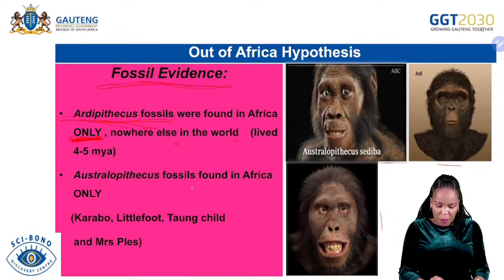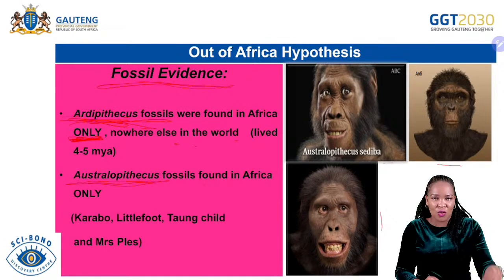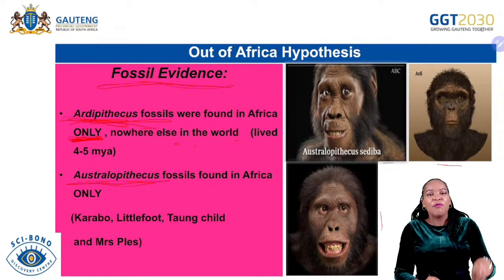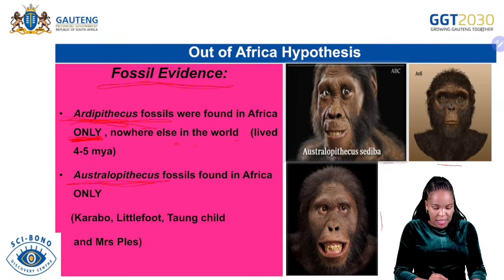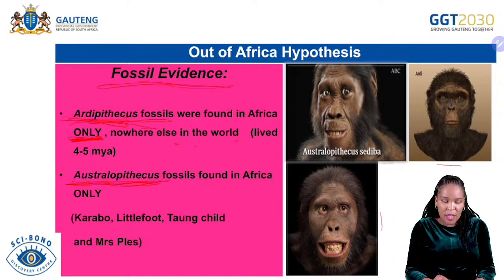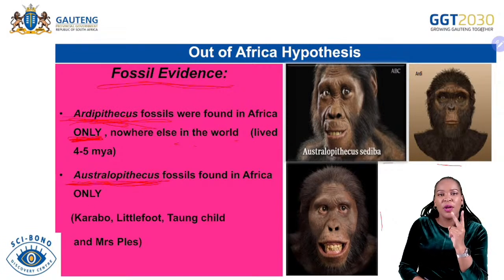Right. The Australopithecus fossils were found in no, this was Ardipithecus. Sorry. Ardipithecus is our common ancestor. Then it gave rise to the Australopithecus fossils. Now, the species also that came from Ardipithecus were found in Africa only. These two sentences get you 2 marks. We support our out of Africa hypothesis by saying what?